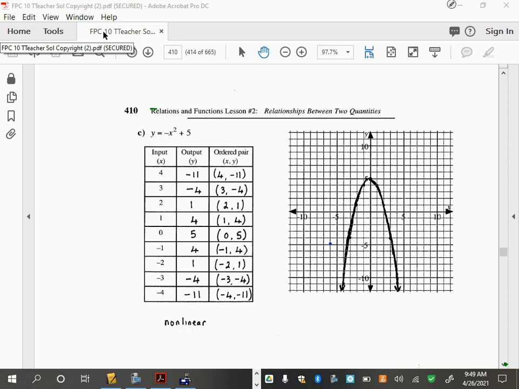Negative 11, negative 4, 1, 4, 5. I would say 95% of students get those right. The ones that are not right are these ones, and when you do that, you get something that looks like this when you graph it. It doesn't look like a parabola, so go back to your negative coordinates and do them over with brackets.